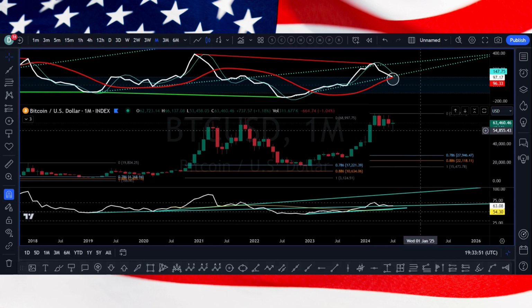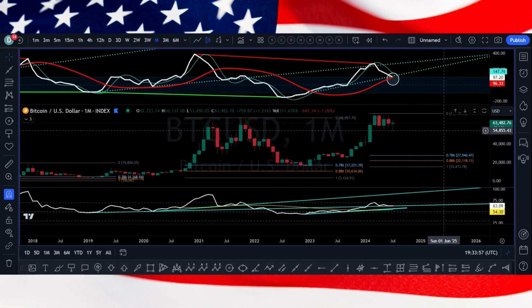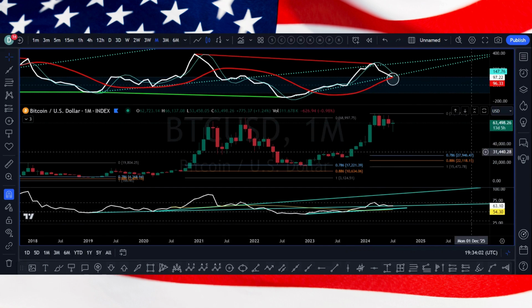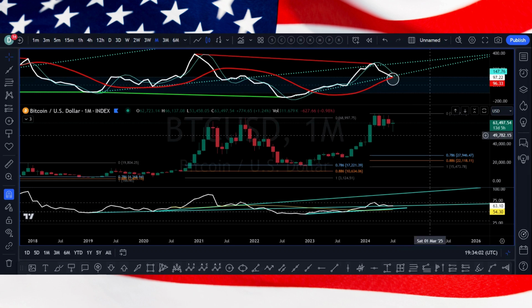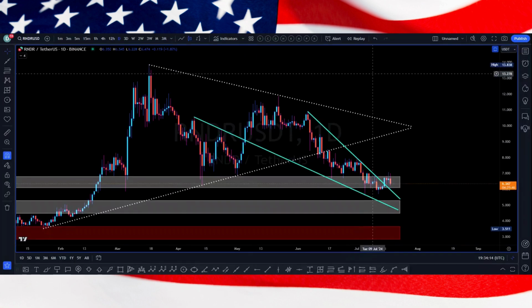But the next move up, if none of these negative things transpire, I'll be looking at about 72,000 on BTC, at least about that, and that'll just be taking out this second pivot right over here. So we shall see, guys.